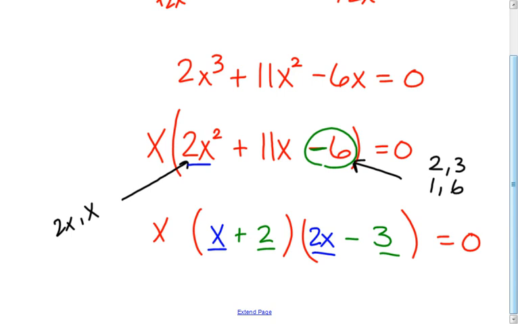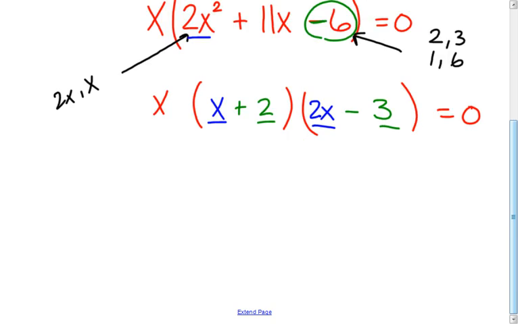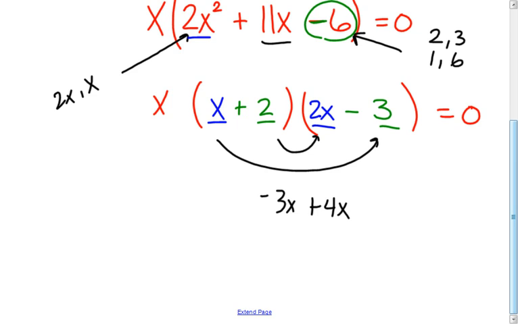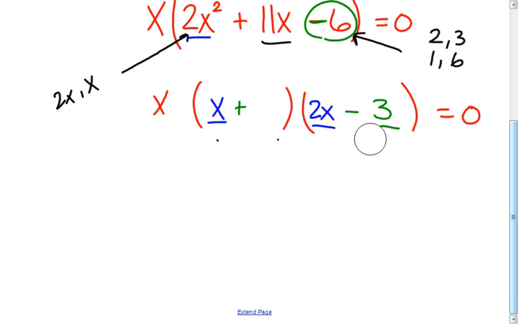Okay? So here we go. Now I'm going to check my outsides and my insides. Outsides, negative 3x. Insides, positive 4x. That gives me 1x in the middle, but I need 11x. So that didn't quite cut it. Before I cross 3 and 2 off the list, I'm going to switch them around. Put the 3 here and the 2 there.